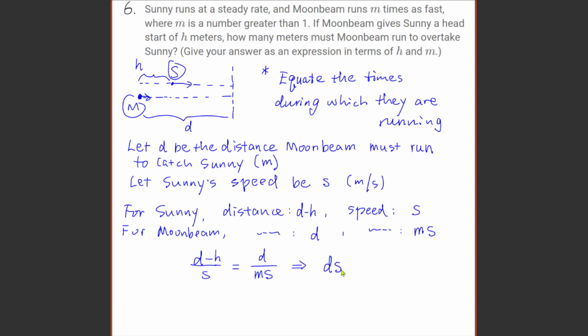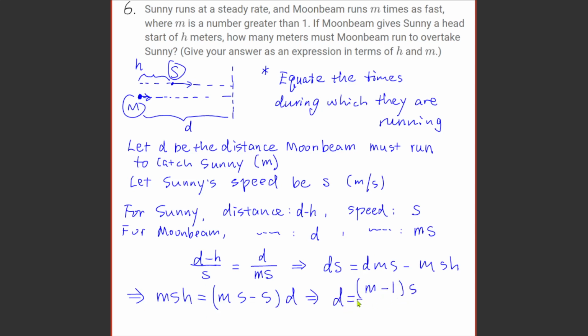We have ds equals dms minus msh. Then msh equals (ms minus s) times d, right? And this gives us d equals msh over (m minus 1) times s. Of course, you can cancel the s there.